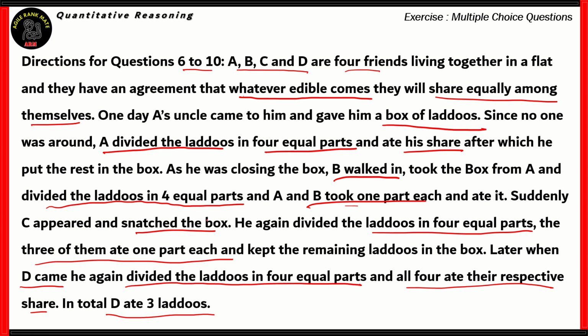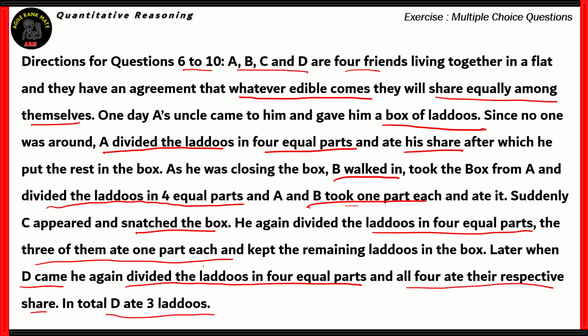Well, let's start tracking them from the last time that they ate laddus. Alright? So let's construct a table. We have A, B, C, D, and the total laddus left. And then let's start off from the last division. Now, in the last division, we know that D ate a total of 3 laddus.